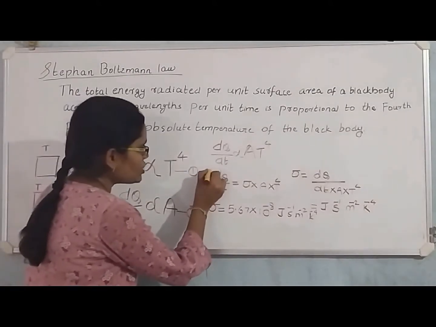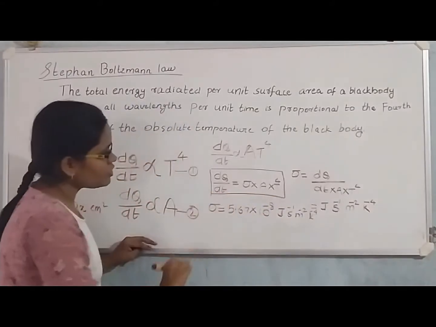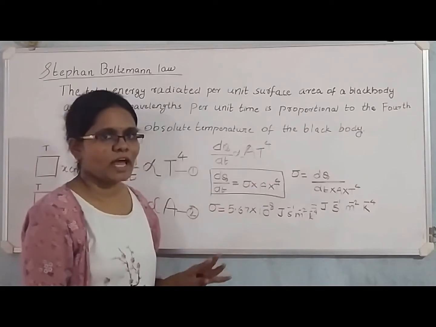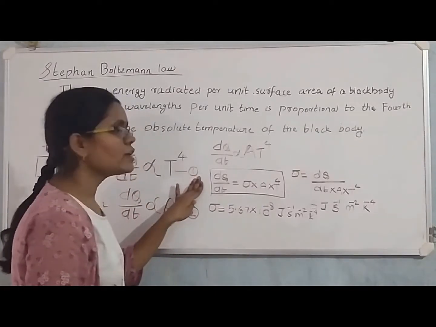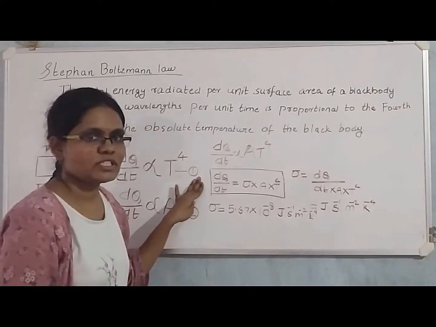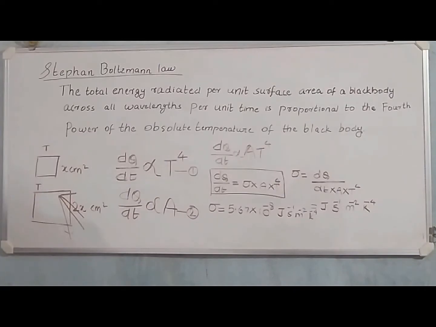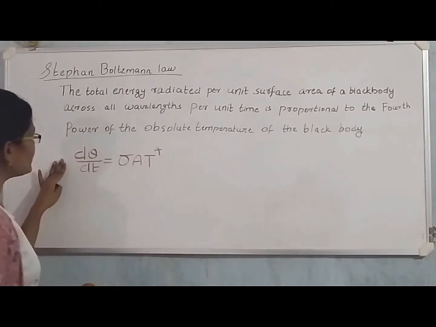This equation of rate of emission of radiation holds good only for a perfectly black body. For an object which is not perfectly black, you have to introduce one more constant, called emissivity, into this equation. So first, let me rub this. This is the equation for a perfectly black body.